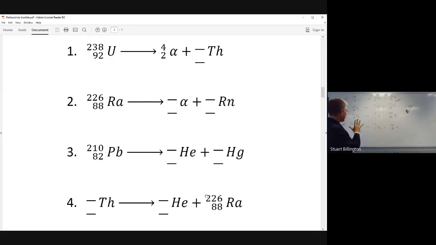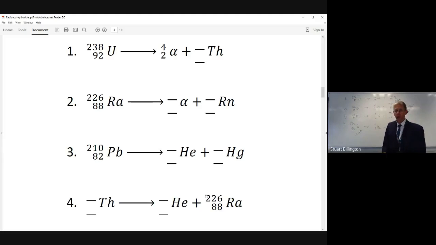Although it looks complicated with letters and numbers everywhere, when you drill down into it, all you are doing is kind of year 4 adding up. So 4 plus 226 is 230, and 2 plus 88 is just 90. That's all that you're going to have to do from the physics point of view here.